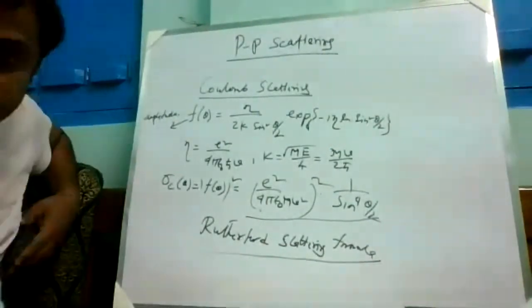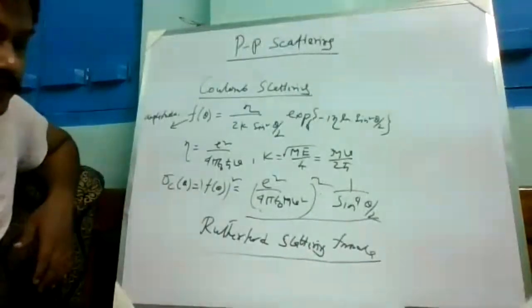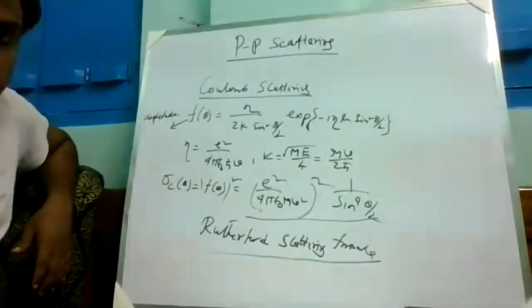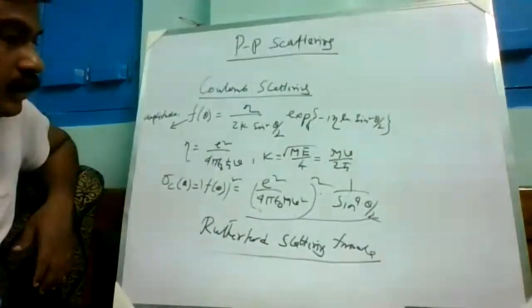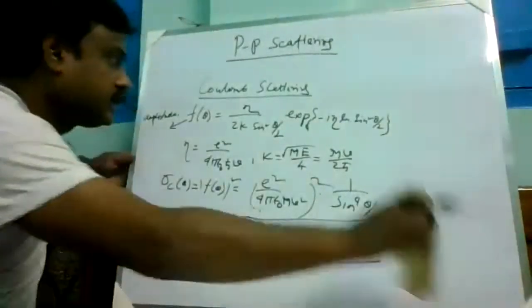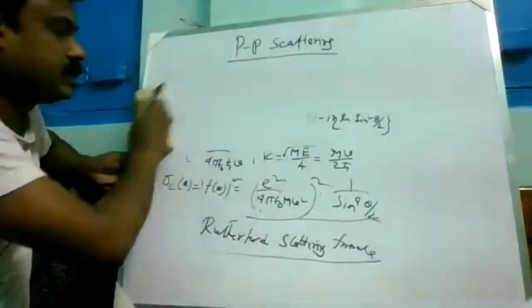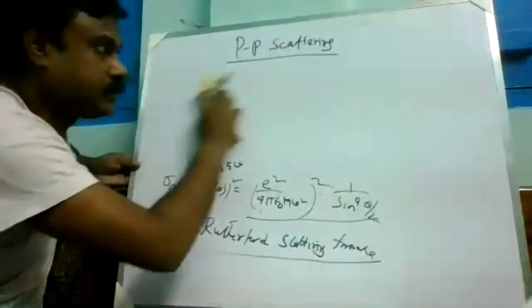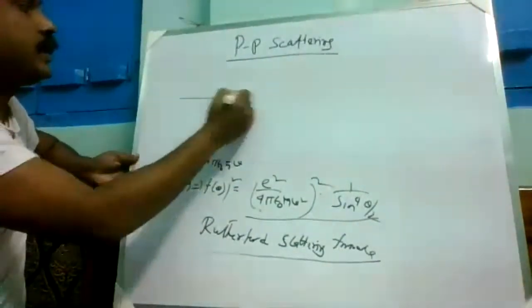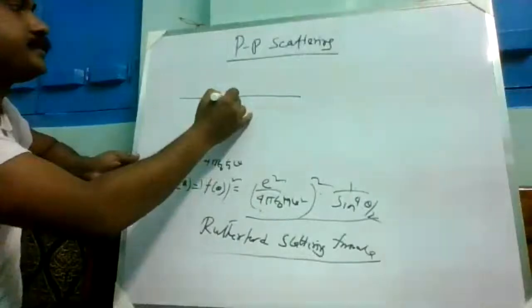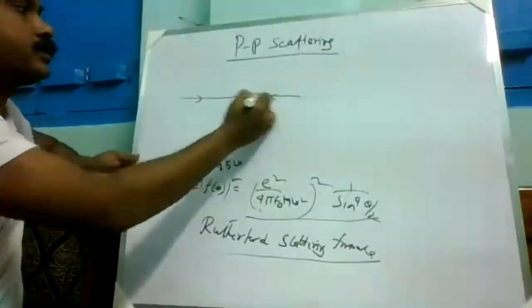Now we are performing scattering for a proton beam. If you consider the center of mass system, two particles are approaching each other. This is proton 1, this is proton 2.